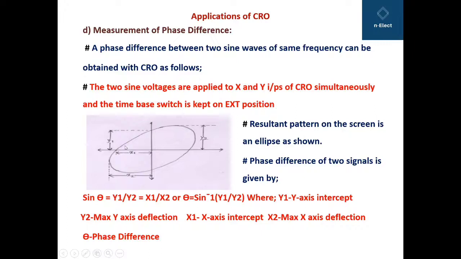Here x1 is the intercept made here, and x2 is the maximum displacement from this y-axis, where y1 is y-axis intercept, y2 is maximum y-axis deflection, x1 is x-axis intercept, while x2 is maximum x-axis deflection, and theta is the phase difference. So this is how the phase difference between the two signals can be obtained with the help of CRO.